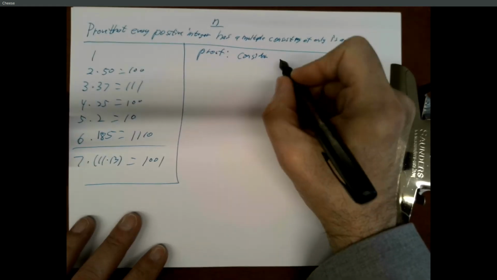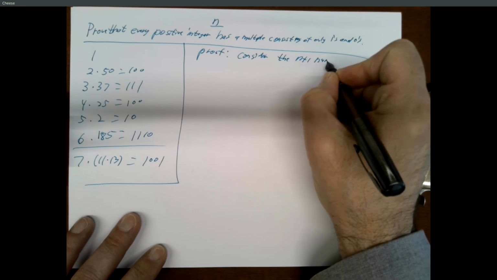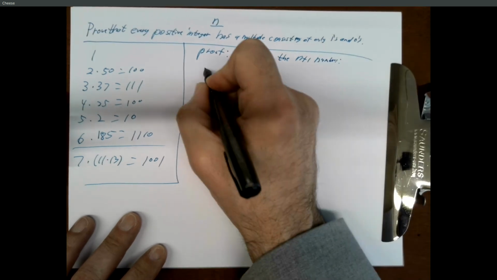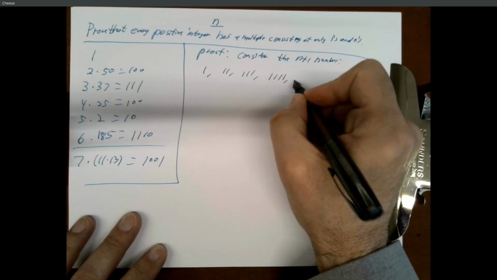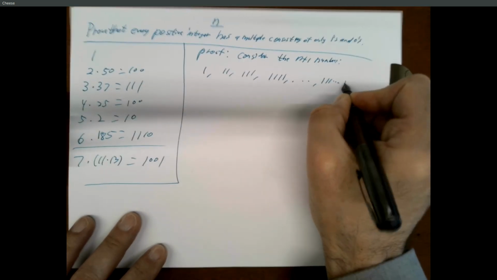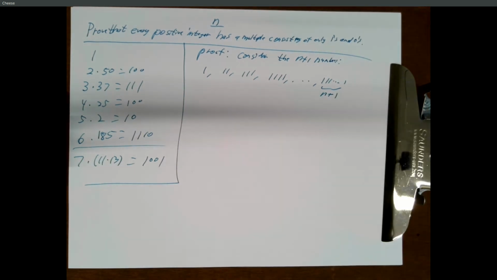So consider the n plus 1 numbers 1, 11, 111, and so on, up to and including n plus 1 ones written side by side. Those are decimal numbers, even though they just have ones in them.